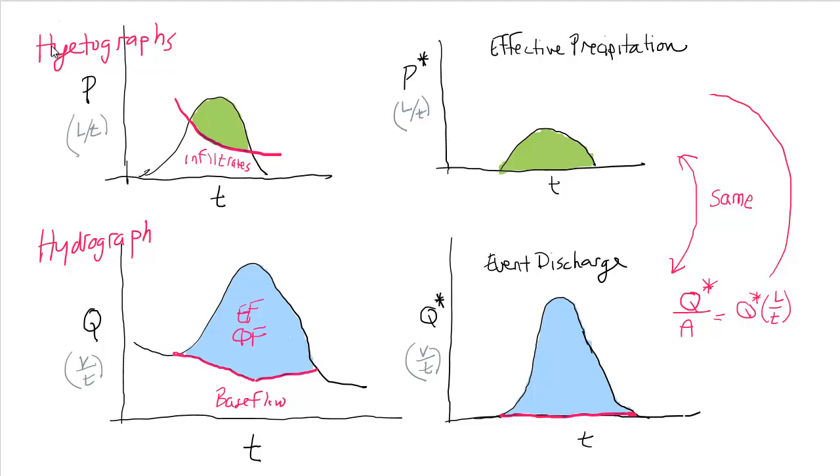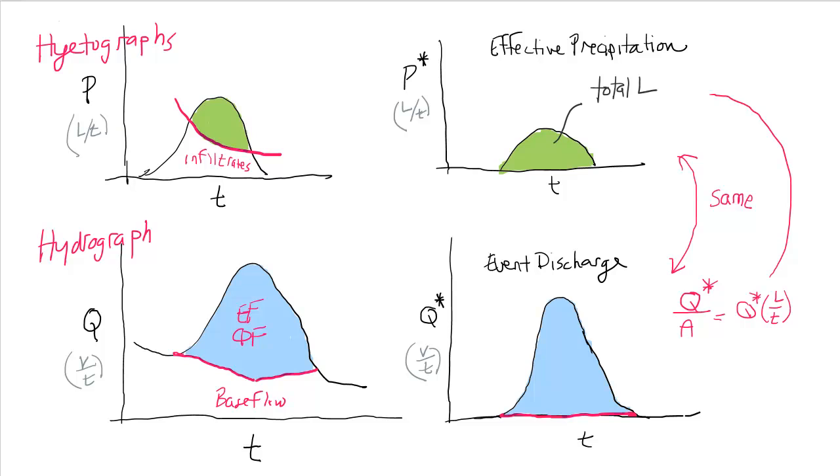Now, the next thing I want to show you how to calculate is the fact that the area under these curves represents some quantity. In the case of the hydrograph, the area under this curve represents a total length, say inches. So for example, if we got a rainfall rate of, say, inches per hour over a certain amount of time, the total amount of effective precipitation that fell, we can express as a number of inches.